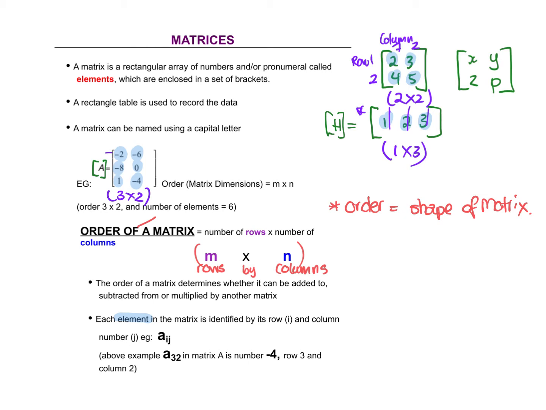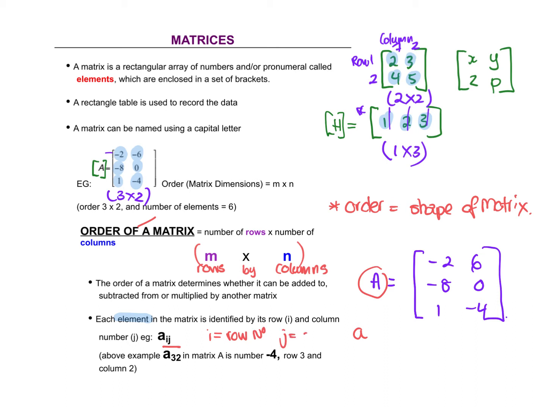So we have the rows and now we know the elements. Say I have this matrix, I'm going to write it out again. This matrix A has 6 elements. If they want you to look at a particular element, they'll use the little letter a to mean go to the matrix A, and then they refer to it as i and j, where i equals the row number and j equals the column number.